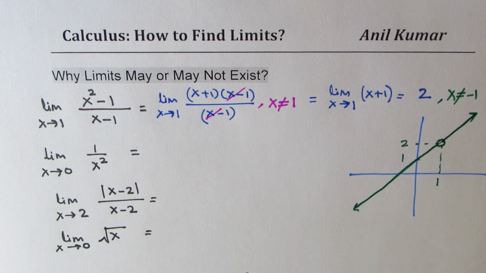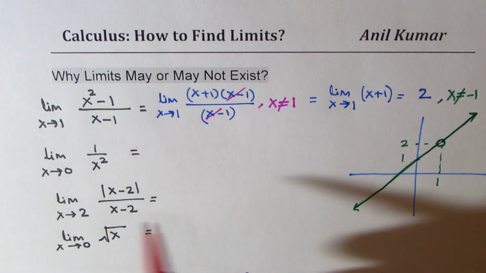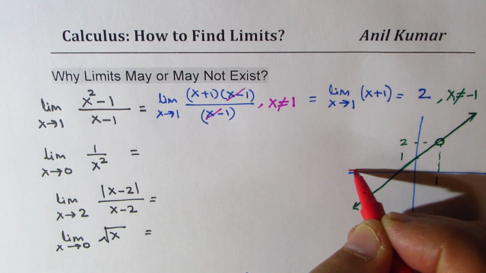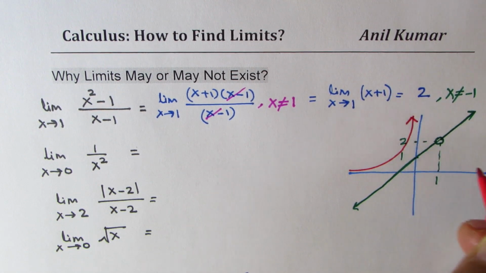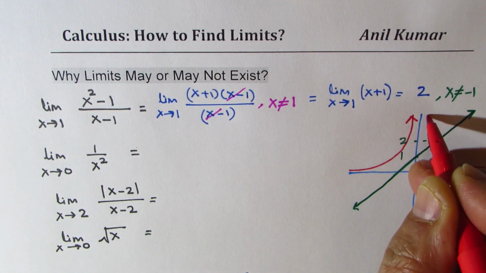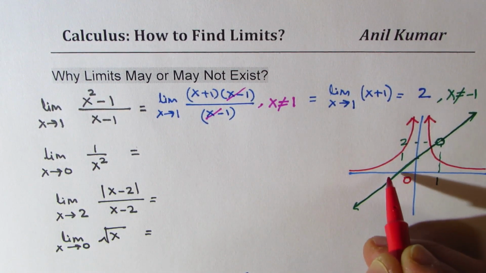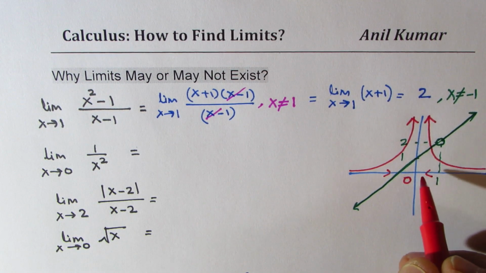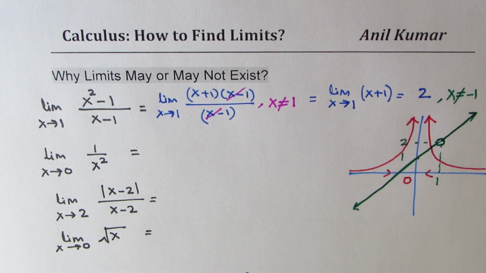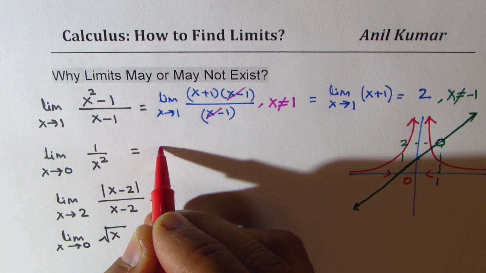Now to explain this, it's better for me to sketch it. So let me use another ink to sketch the 1 over x squared function. It is always positive and it will be kind of like this. So what do you notice? As you approach 0 from both sides, you approach an infinitely large value. So we write this as infinity.